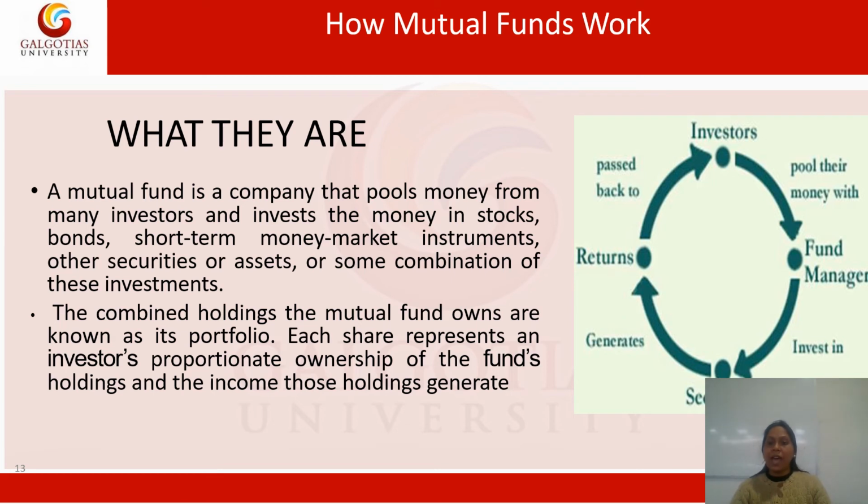The fund manager would have the collated money, then it would be spent in various securities depending upon the risk and return and the attitude of the investors. Further, when these securities generate returns, those returns would be passed back to the investors as per the proportion of the money they have spent. So this is how mutual funds work.